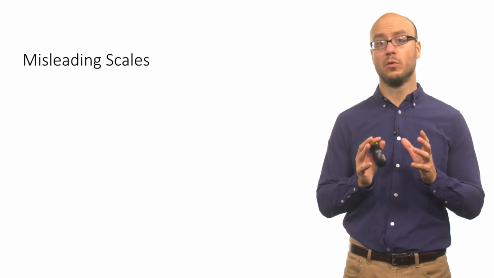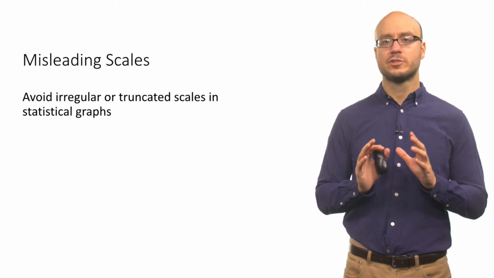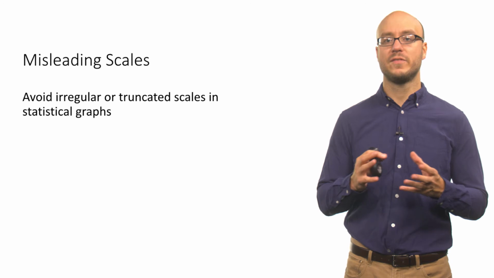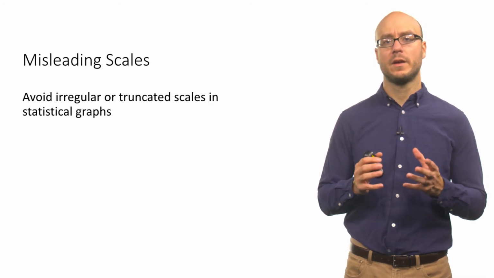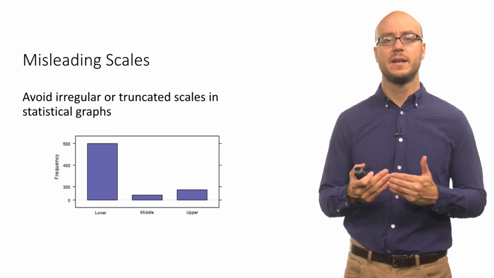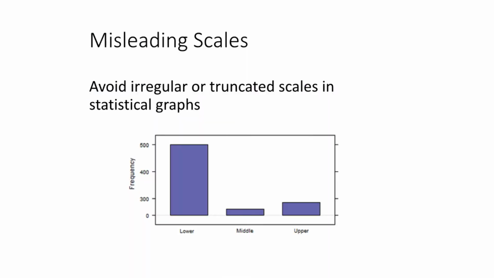Another thing you should avoid is misleading scales. In other words, avoid truncated scales, so shortening the scales to artificially inflate the effect size, or avoid irregular scales. So here's an example in which we've truncated the scale for frequency, the number of counts. You can see the scale jumps from 0 to 300, but it's not quite apparent.